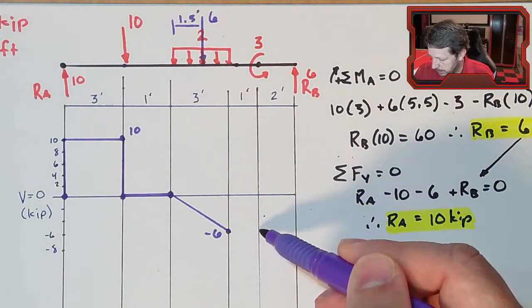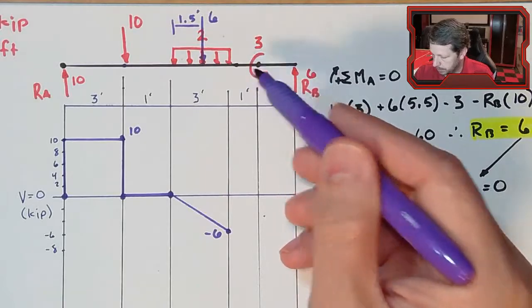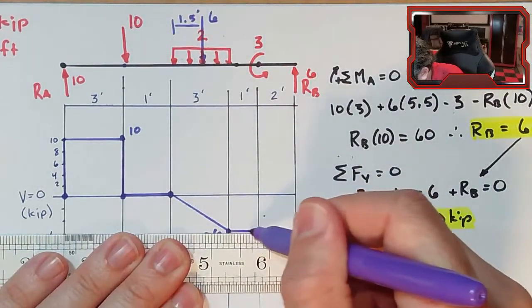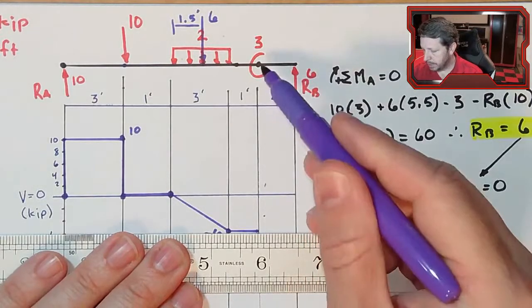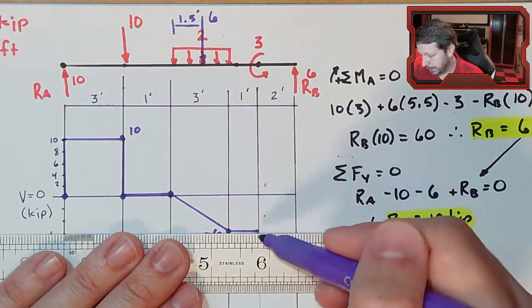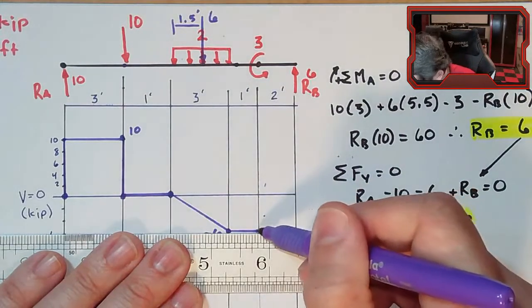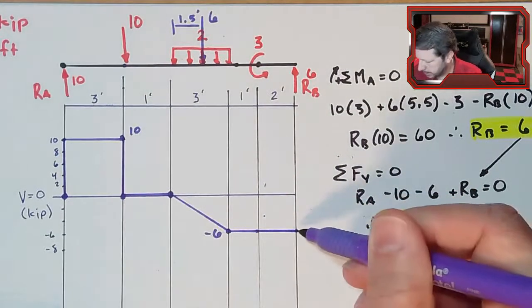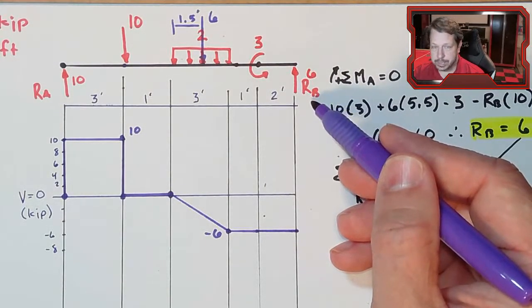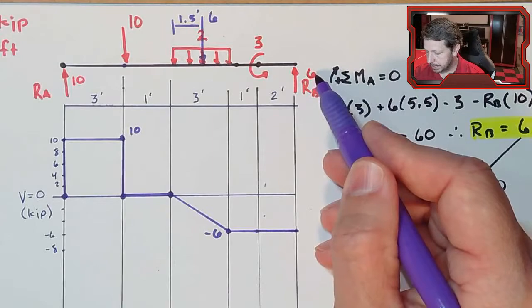From this point to here, there are no external loads, so I stay horizontal. This line is reminding me about the concentrated moment, which doesn't affect the shear diagram, so I kind of ignore that and maintain horizontal until I get to this point, in which case I see RB, which is pointing up 6.